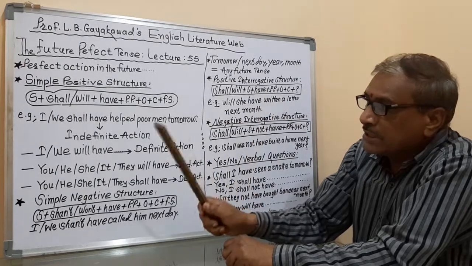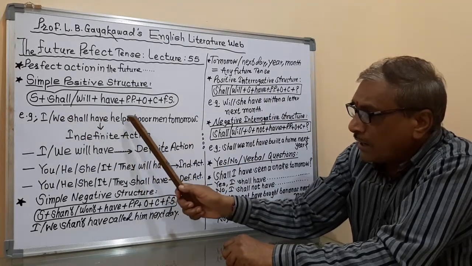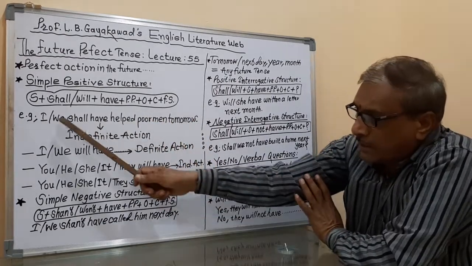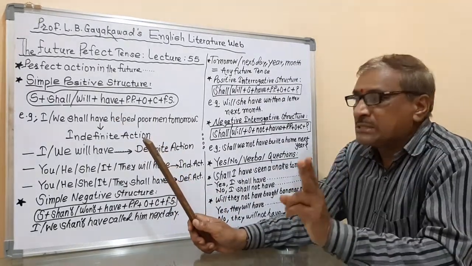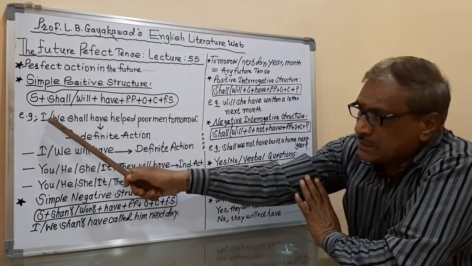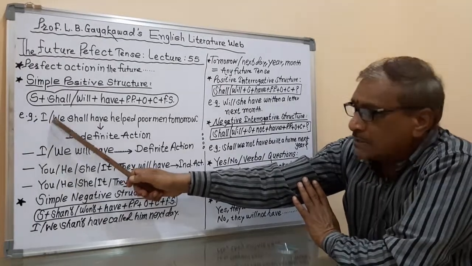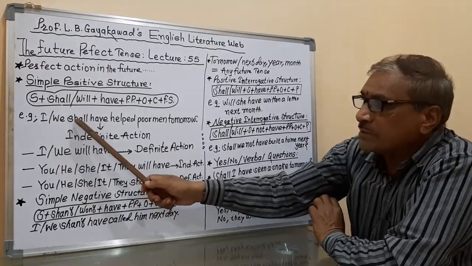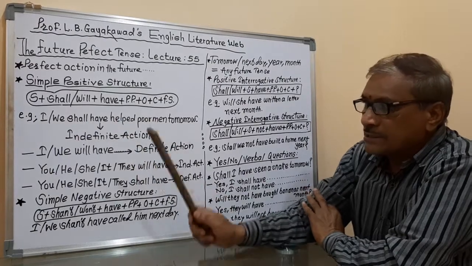Or the second sentence: we shall have helped a poor man tomorrow. So here there are two sentences, the first beginning with the subject I, and the second beginning with the subject we.